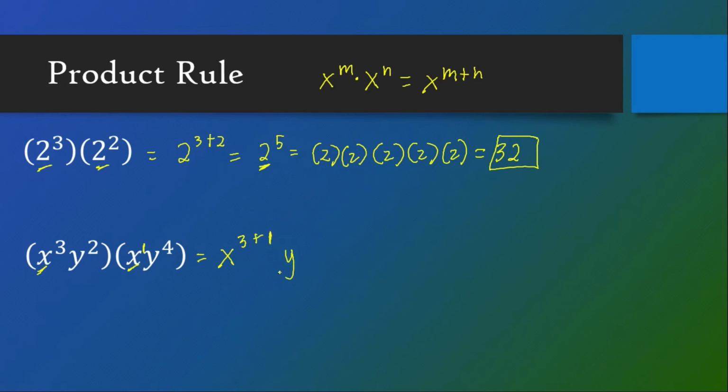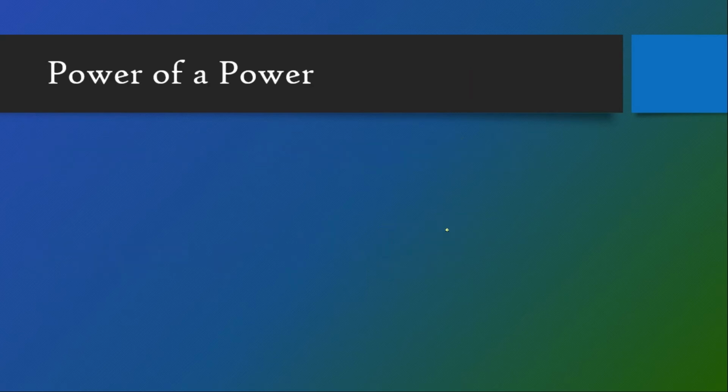Then, we have the y. Yung y natin is 2 plus 4. Okay, final answer natin will be x raised to 4, y raised to 6. Ganun lang. Kapag variable naman yan, no need to simplify or solve yung ating whole number kasi nga naka-variable yan.